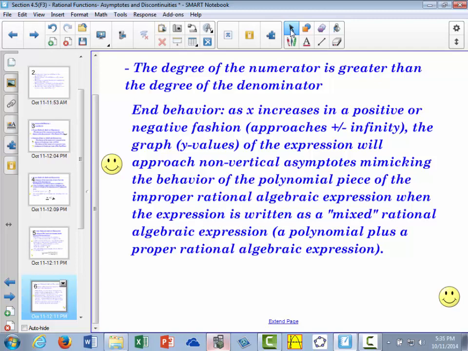So that last piece that we came up with, the x squared plus 2x squared plus 1 over x cubed, is a mixed rational algebraic expression. And here, what that means is that eventually our graph will look more and more like x squared.